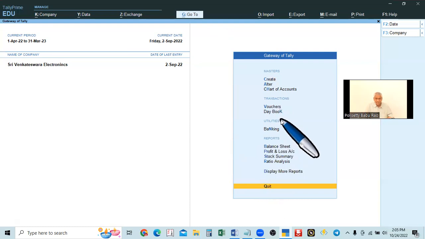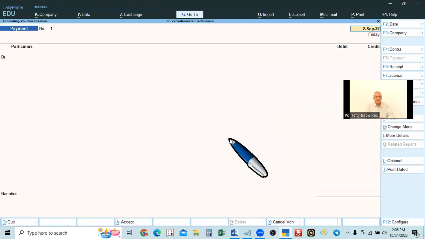The key is the letter V, or click Vouchers under Transactions. The first section is Masters and this is Transactions. You can click Vouchers with the mouse or press V. Okay, so I will do this. Now the voucher is opened.